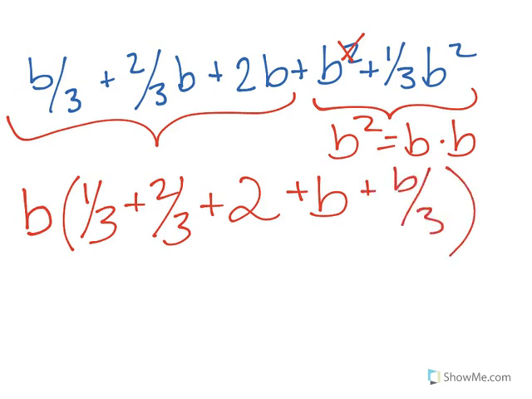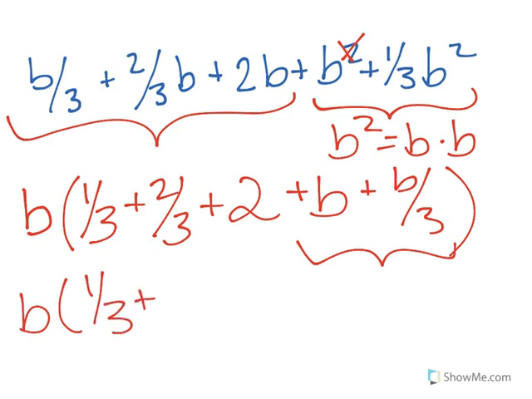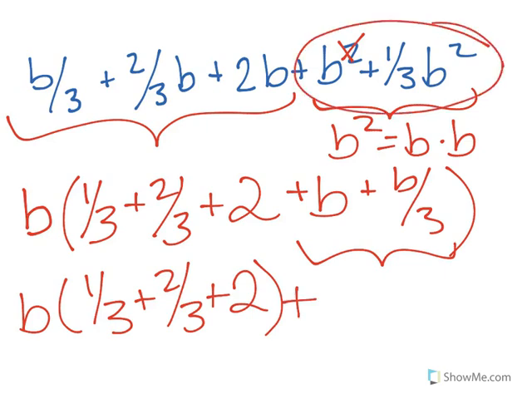This is one way of doing it. However, since we still have b's here, we could think of it another way, looking at them as if they were two different things, so we must add them. And for these two, we will take out b squared as a whole, so not just b, but b squared, and we're left with 1 plus 1/3.